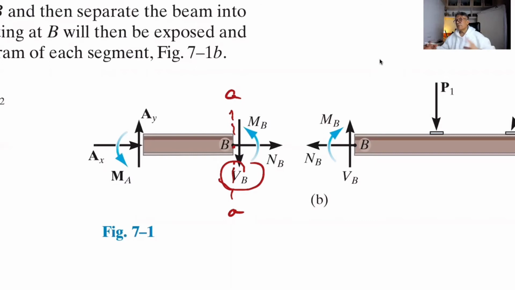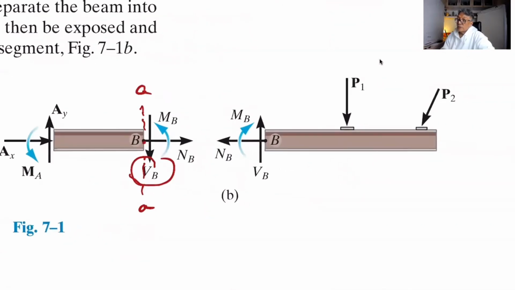So in order to have a balance, equilibrium condition, all we have to do is in another section, because we have two segments, right? So in another segment at B, we apply normal force, shear force, and moment also, but in opposite direction.